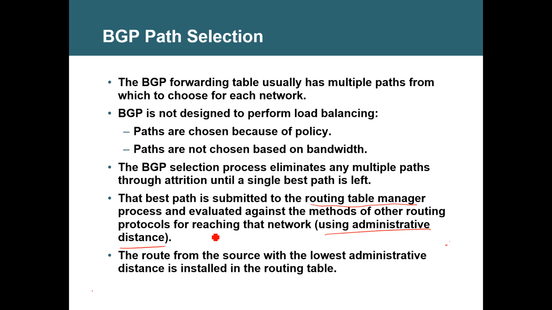So this is how the lower administrative distance route is preferred rather than the IBGP route, which is 200. Due to this we get what? RIB failure. We have discussed this earlier. So what I am trying to say here is, don't expect a BGP route just because you enabled BGP in the router as a routing protocol.